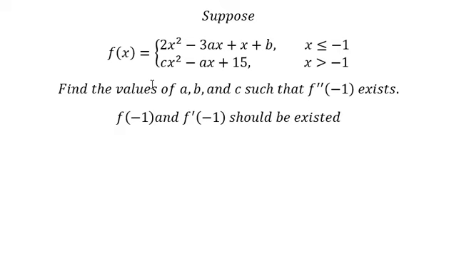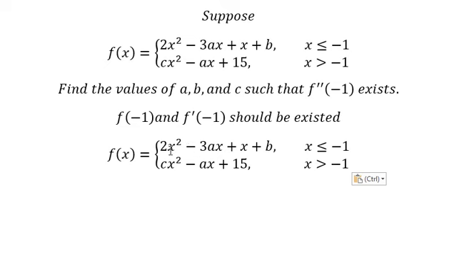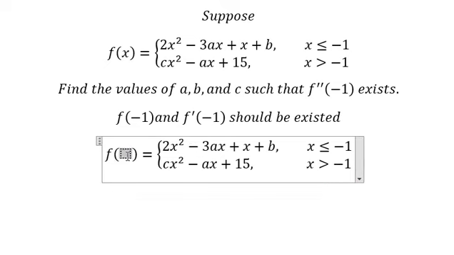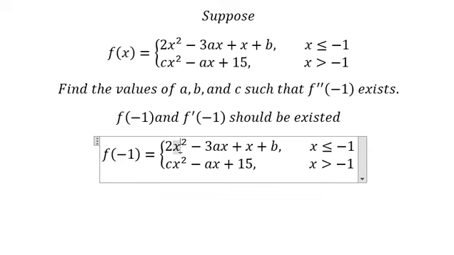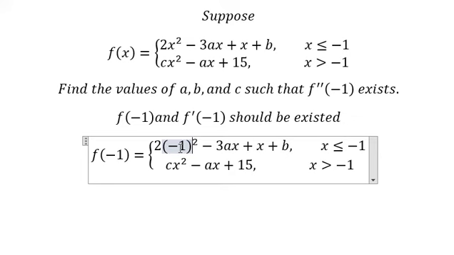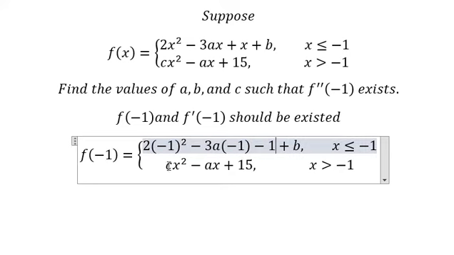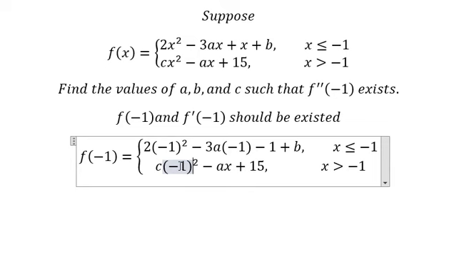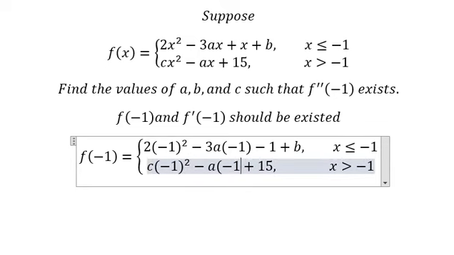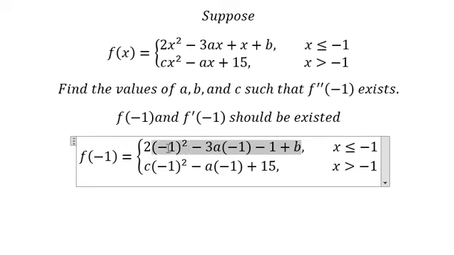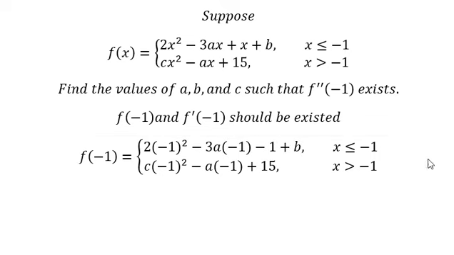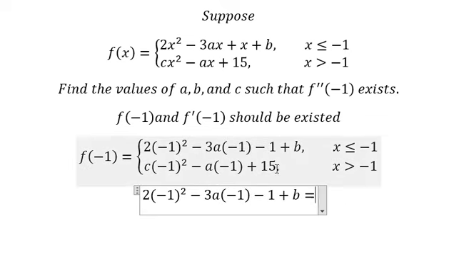So for the first one, we put negative 1 in here, negative 1 in here, and so on. If this one exists, it should equal this one.